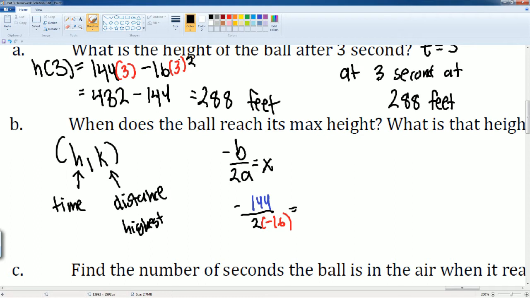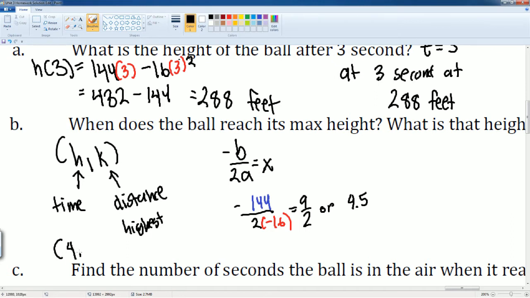If we do that, we get the value of 9 over 2, or this is the same thing as 4.5. So the x value here is 4.5.